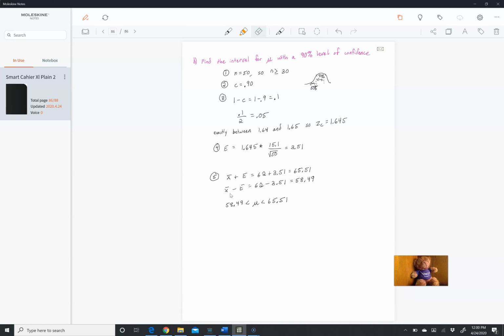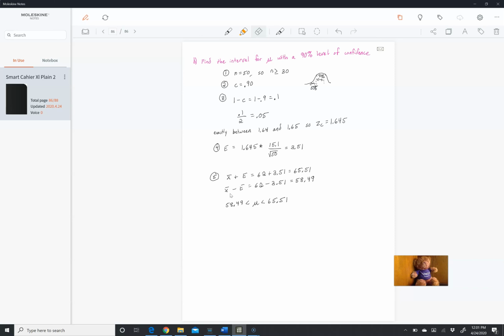If I said, how confident are we that the population mean falls between 40 and 80, we're going to be really confident that it falls somewhere between 40 and 80 if the sample mean is at 62.